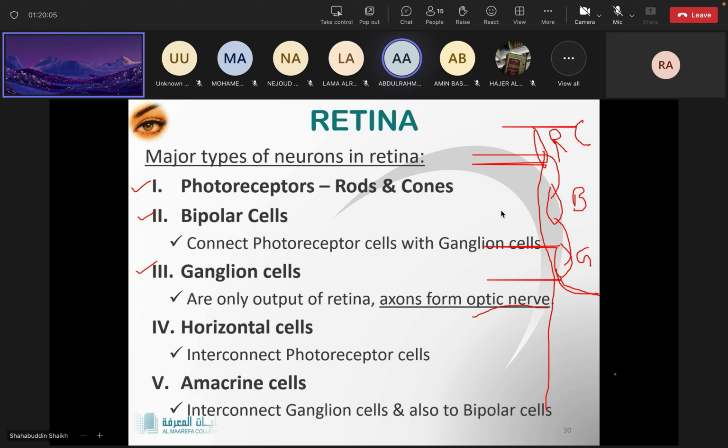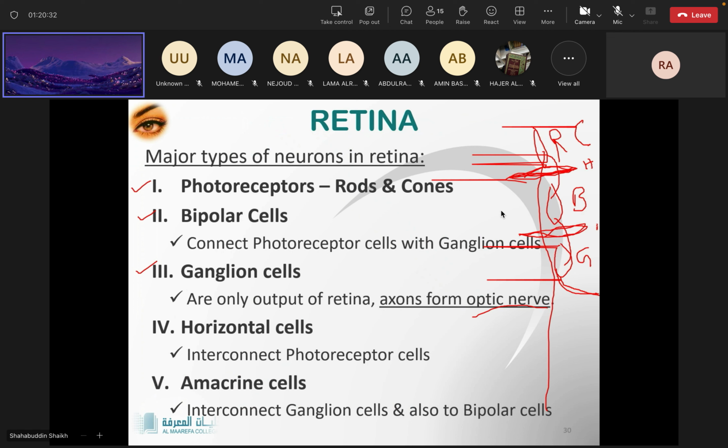Yes. Clear, doctor. So these are the three very important cells you have to remember. Now add two more cells. Horizontal cells are the cells which are between rods and cones and bipolar cells. So these are our horizontal cells. Similarly, amacrine cells are the cells between bipolar and ganglion cells.